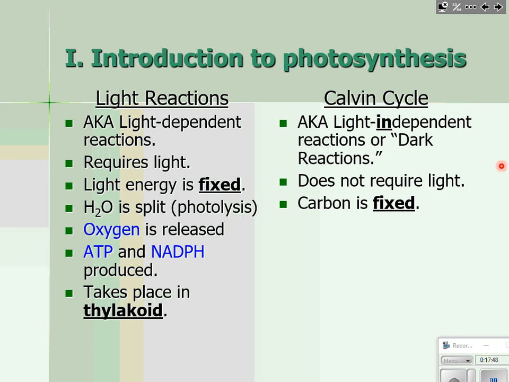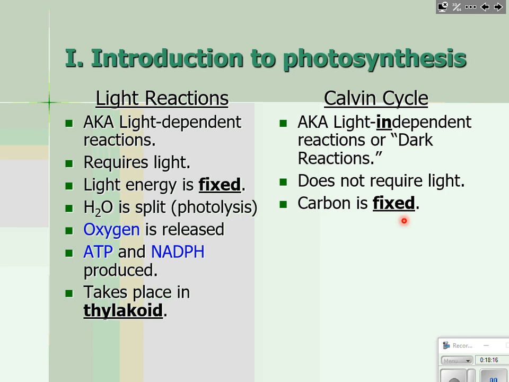In the Calvin cycle, carbon is fixed. There's that word again. Again, this does not mean that carbon was broken and needed to be repaired. We're talking about invisible molecules of carbon dioxide, which are floating around in the air. And plants have this ability to take that carbon dioxide, grab those carbon atoms, and hold on to them.